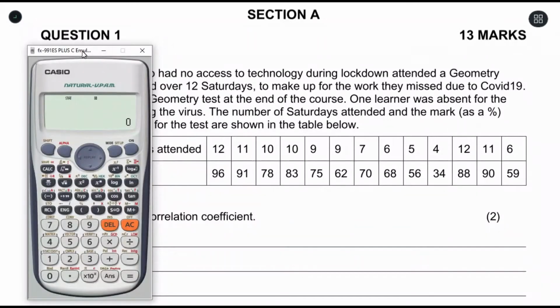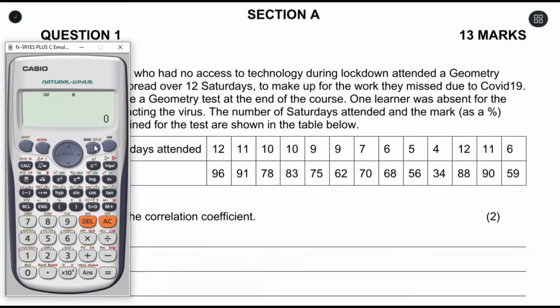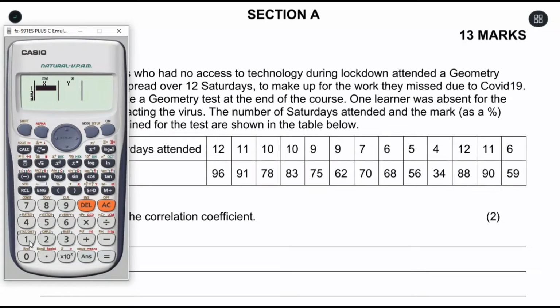So to get your correlation coefficient, we go to modes, we go to stats, then we go to A+Bx, that's 2. Then we just need to input these values, right?